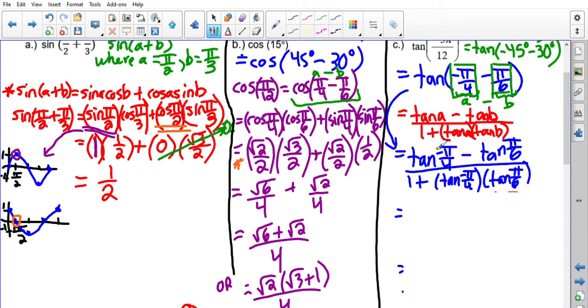So the negative pi over 4, I'm just going to write here, you have gone in the opposite direction as what we're normally used to, okay? So that means you've actually gone in the clockwise direction. So that means that this angle has actually ended up in quadrant. So if you're going negative 45 degrees, that means you've actually ended up in quadrant 4, okay?